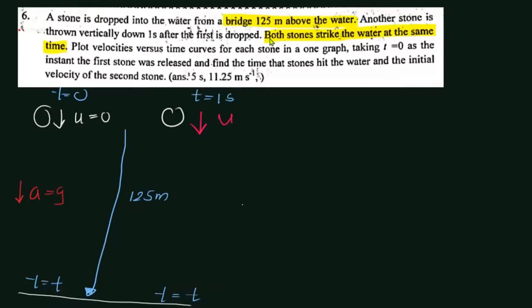Next we need to plot the graph of the second stone. Obviously here also, the second stone falls under gravitational acceleration. But the difference is that it starts at t equals 1 second, and it has an initial velocity u because it's thrown.